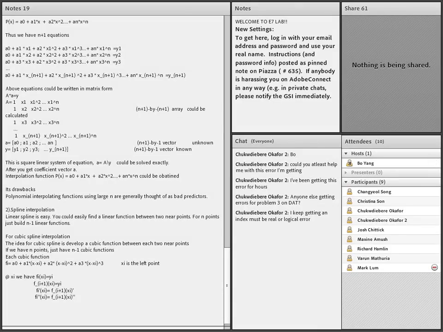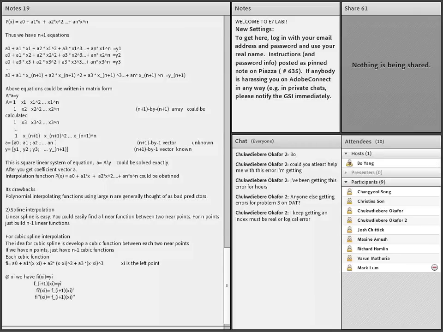To make the interpolation function smooth, we let the first derivative and the second derivative of the left function equal those of the right function respectively. So here we want fi prime equals f(i+1) prime, and fi double prime equals f(i+1) double prime.